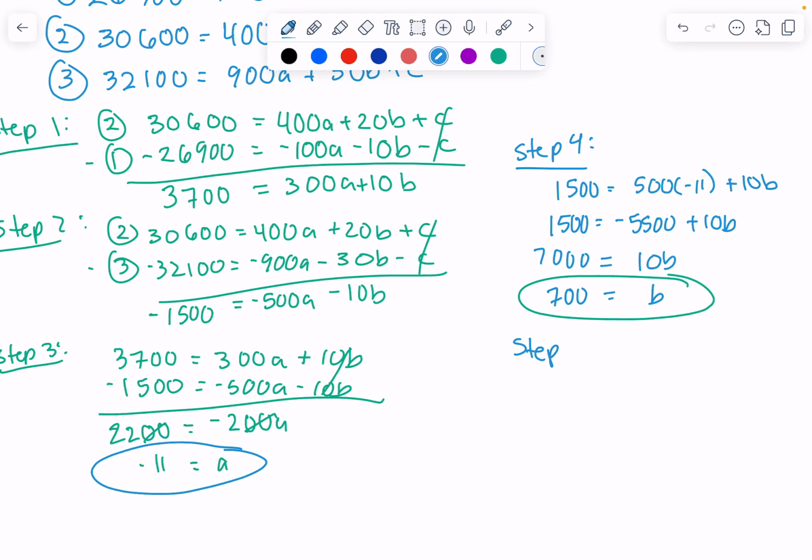Step 5. Pick one of the original equations and plug a and b in.